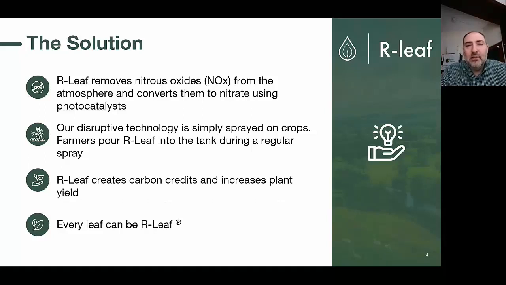That cleans the photocatalyst, and that means that the next day, as the sun or light comes out, it continues to work. So R-Leaf provides nitrate to the crop in small amounts on a daily basis.